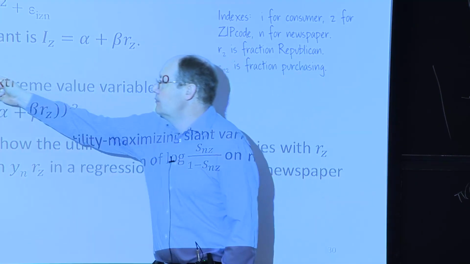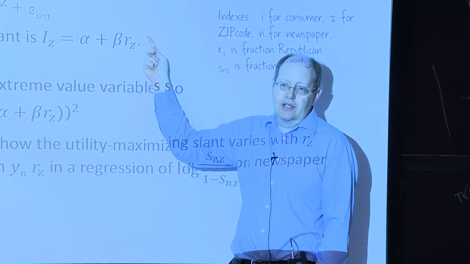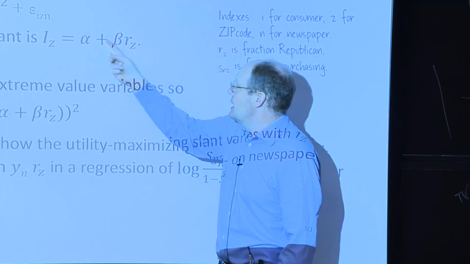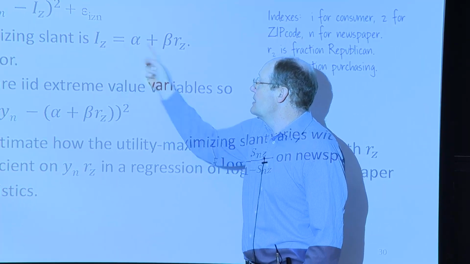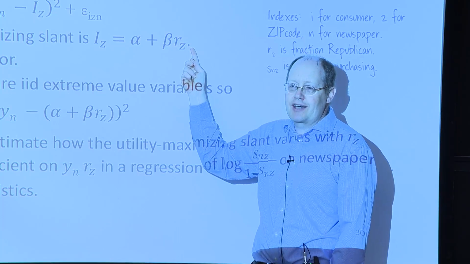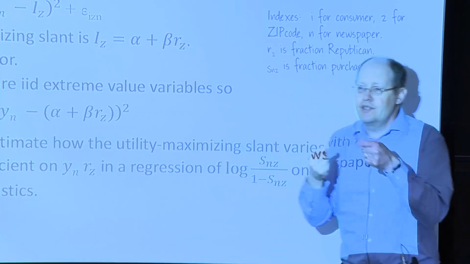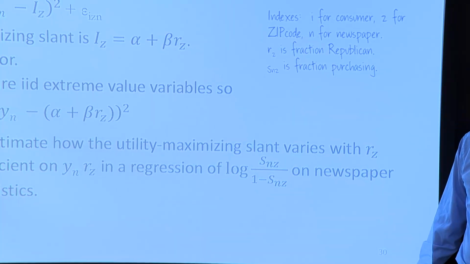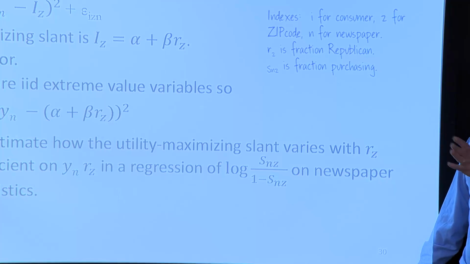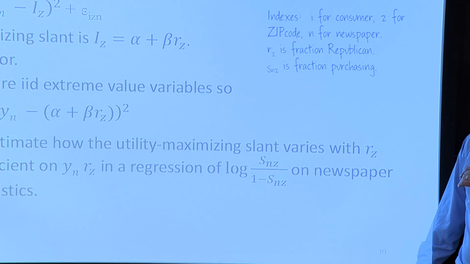And there's no error in this equation. The preferred slant in zip code Z is this linear function of the fraction Republican with no heterogeneity across zip codes. There are no zip codes where a left slant is better than you would think given how many Republicans live there. Okay.